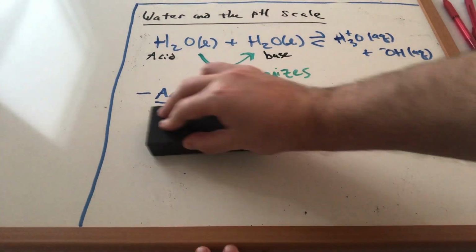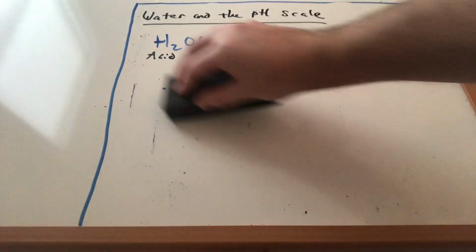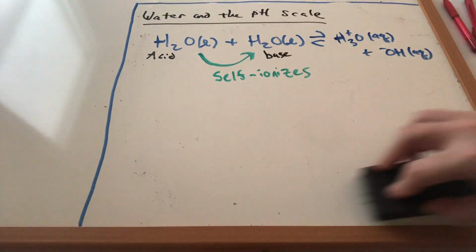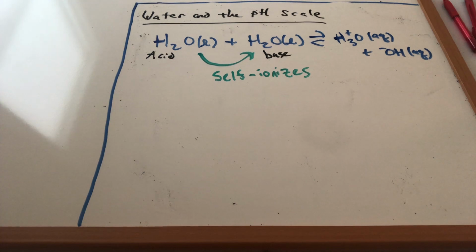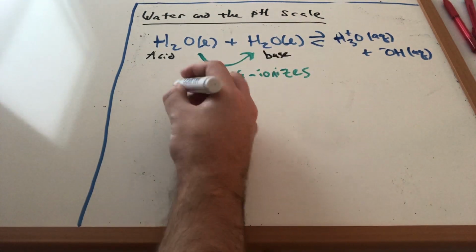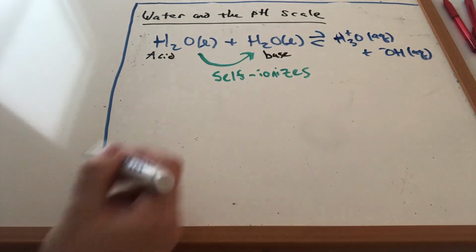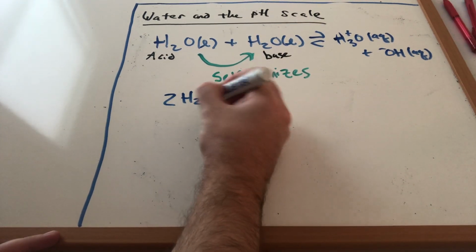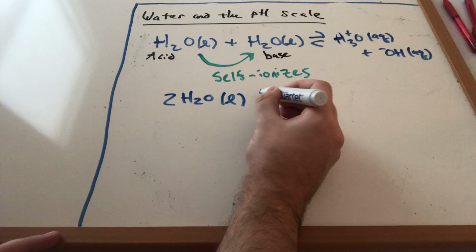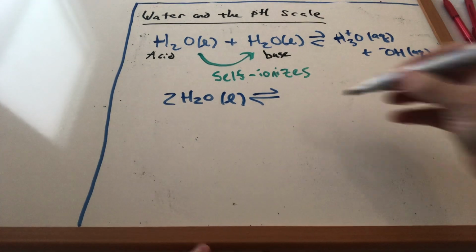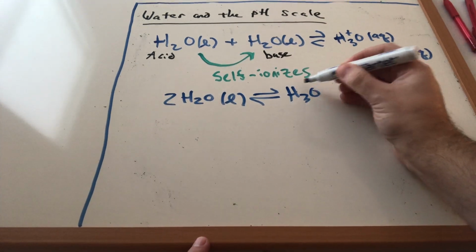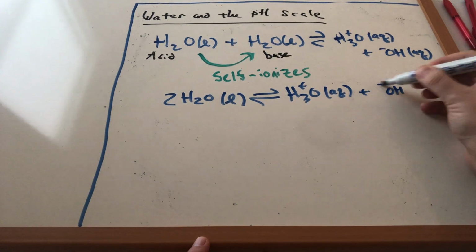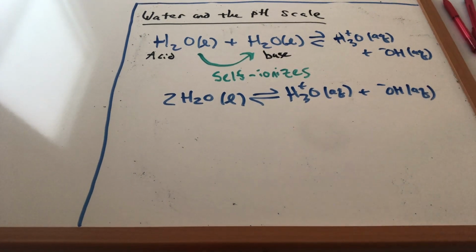Now, if you notice how I wrote it as an equilibrium. And that's because it's not a strong reaction, it's a weak reaction. And I'm just going to rewrite this, all right? Because this is just showing you what happens. There's an H exchange here. Normally what we do is we write this as 2H2O liquid coming together to form H3O plus, hydronium, and OH minus, right?